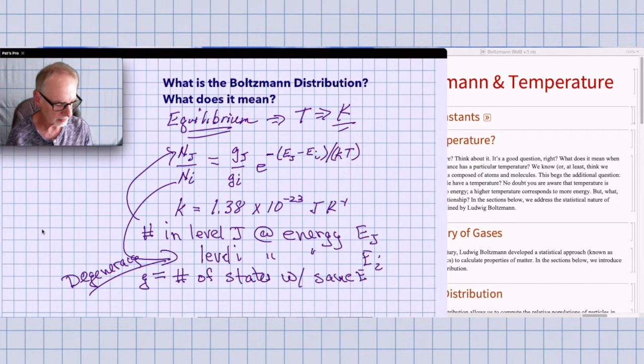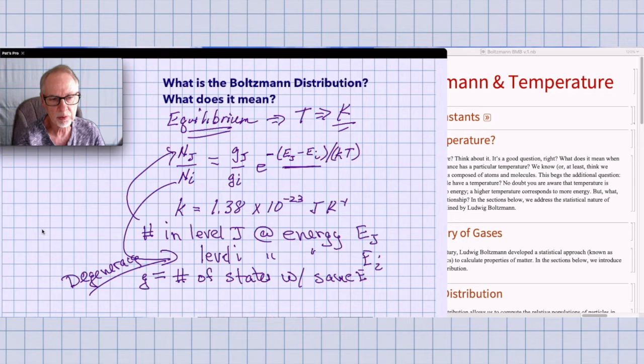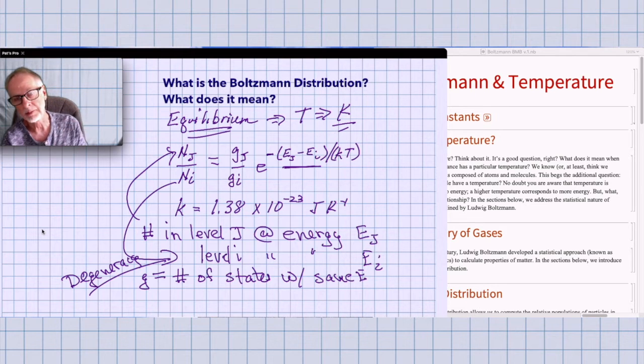So this is our Boltzmann distribution. What we'll note is that if, as the energy difference increases, for example, if level J is higher in energy than level I, as the energy goes up, then the number of molecules drops. And that should make sense.